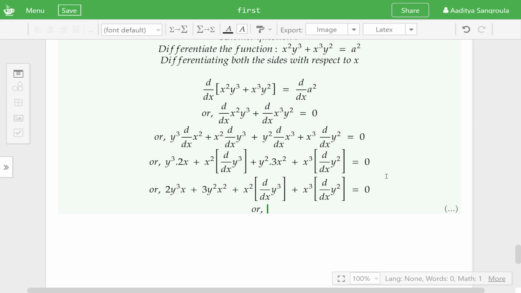Let's copy this thing as it is, and I say plus, copy this thing, but this has to have some modifications.